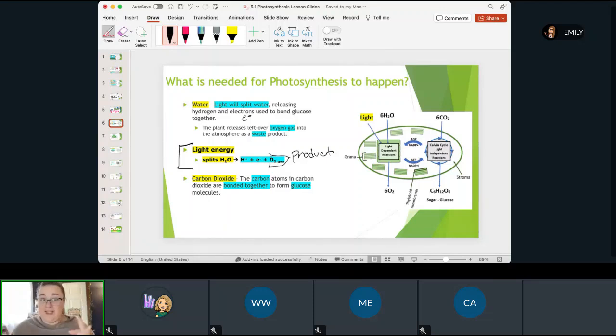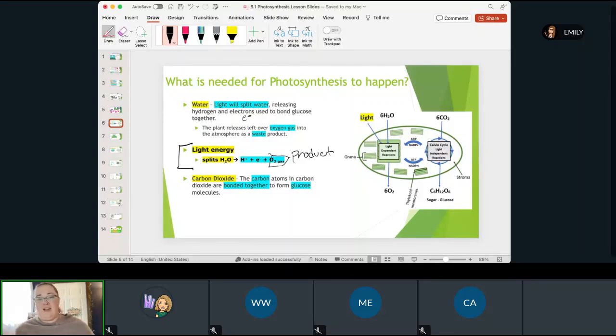That's why trees and plants are so important, because when we breathe out, we are breathing out carbon dioxide. So our waste is carbon dioxide, and plants use carbon dioxide to make their own energy through photosynthesis, and then they give off oxygen, which we then breathe in.